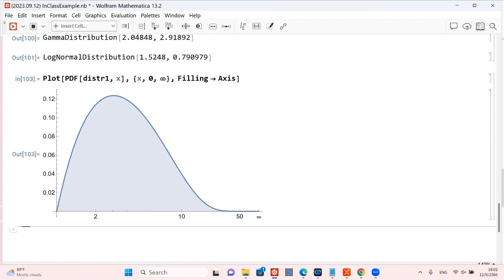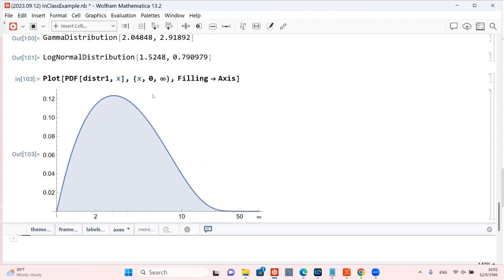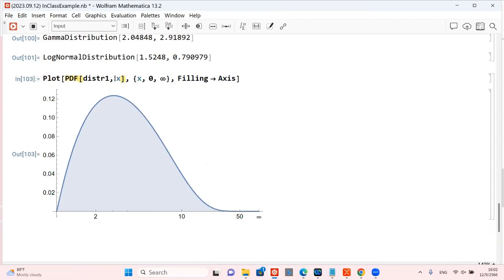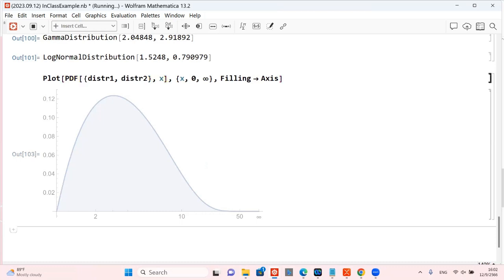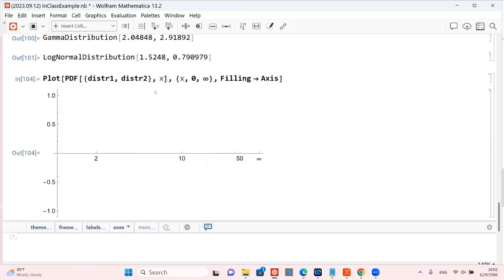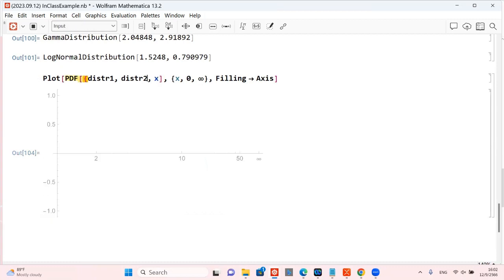Okay. So that's distribution 1. If I want to plot distribution 1 and 2 together, I just put that in a set. Oops. Sorry. Wrong bracket.